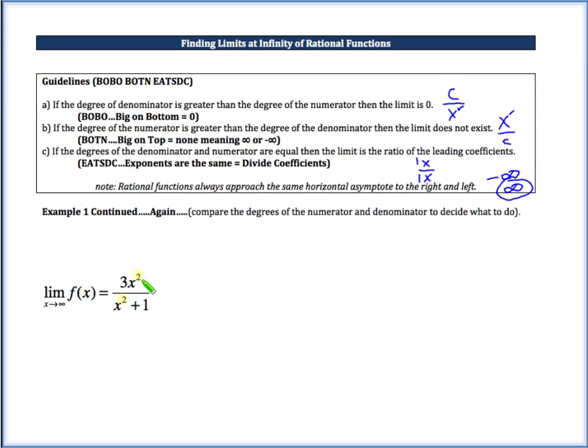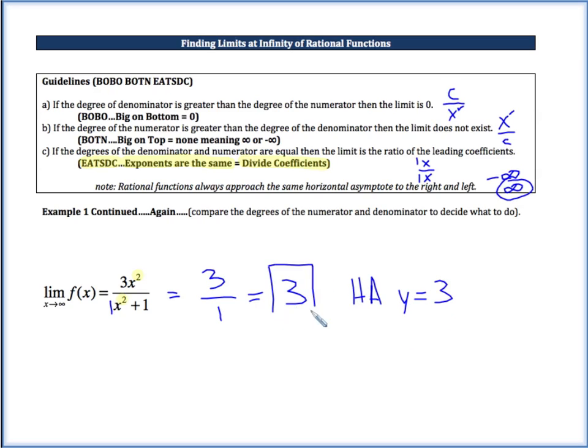So here, the exponents are the same. EATS DC. Okay, so exponents are the same. What we need to do is divide those coefficients. So the coefficient of this one is 3, and here it's 1. So we know this is going to equal 3 over 1, or 3. And so again, our horizontal asymptote was y equals 3.